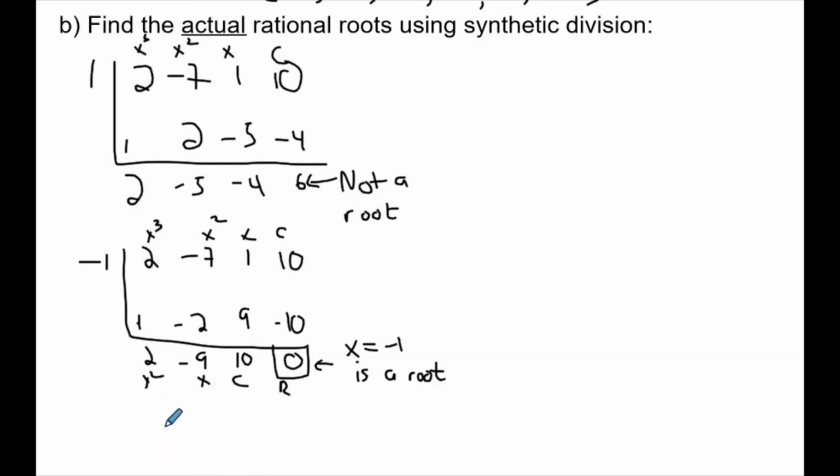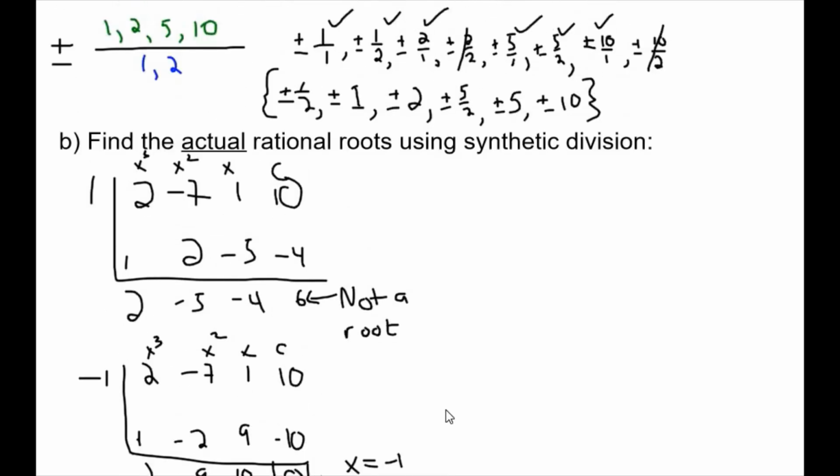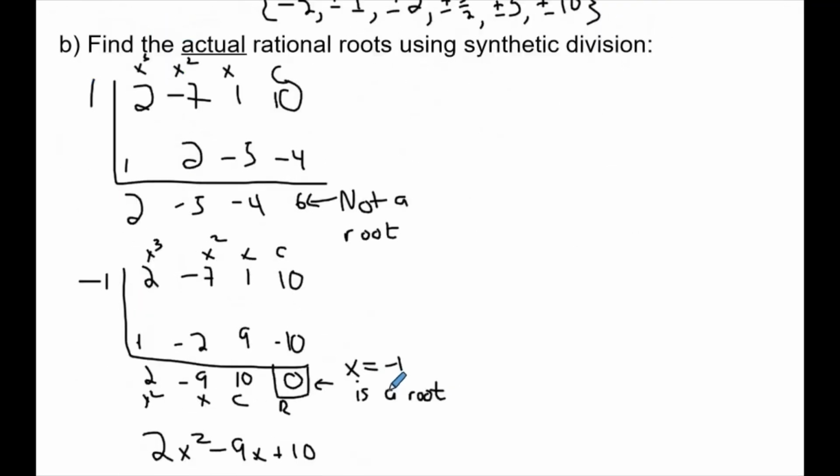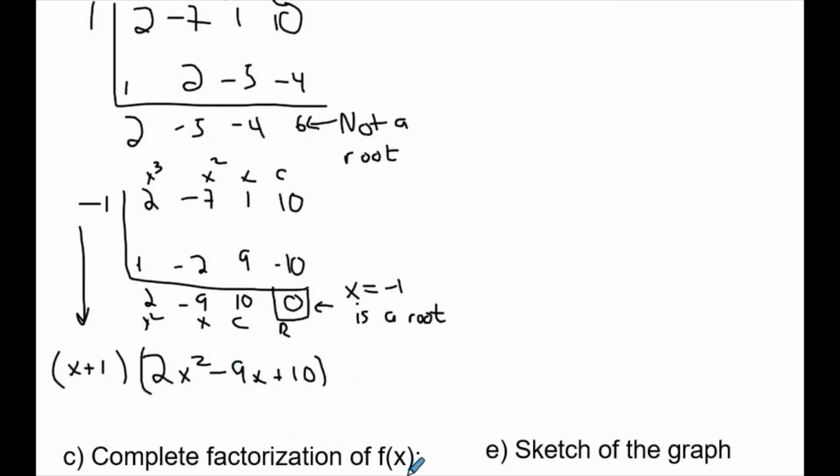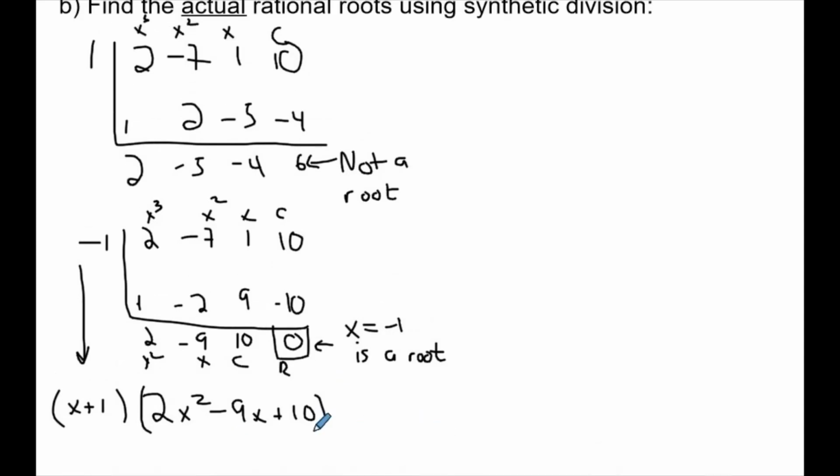So this function that we have here is 2x squared minus 9x plus 10. This quadratic is currently a factor of this cubic, along with this, because this is also a factor, as we learned previously. This is x plus 1, and here is my other factor. So the question now is, if I want to do a complete factorization, this factorization is not complete.